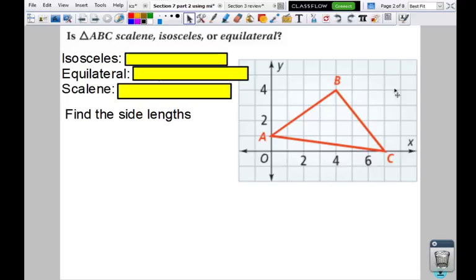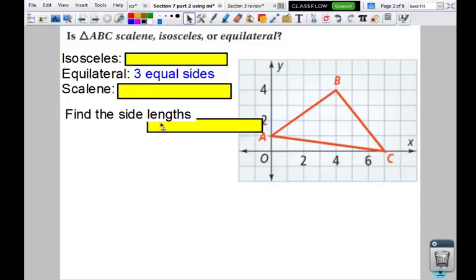So to start us off, Lark, you know what equilateral means for triangles? All of the sides are equal. Yep. 3 equal sides, right? That's equilateral. Joseph, remember what isosceles means? Anybody remember what isosceles is? 2 equal sides.